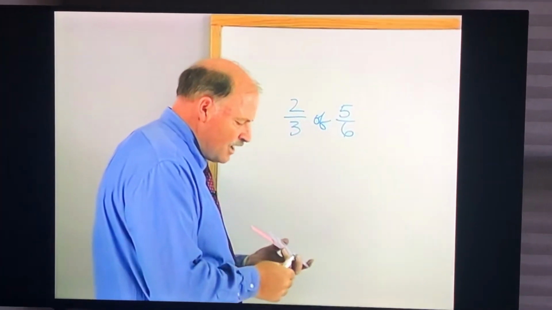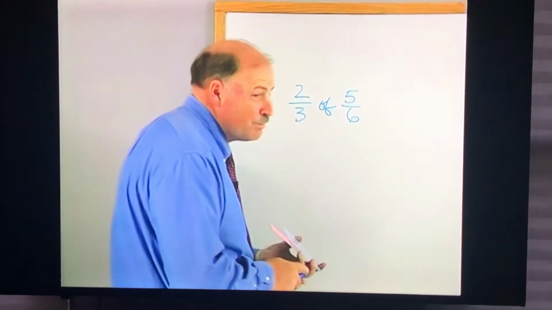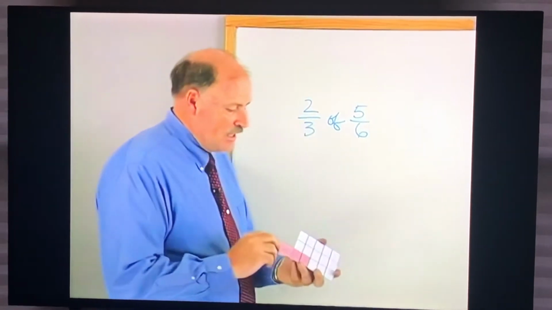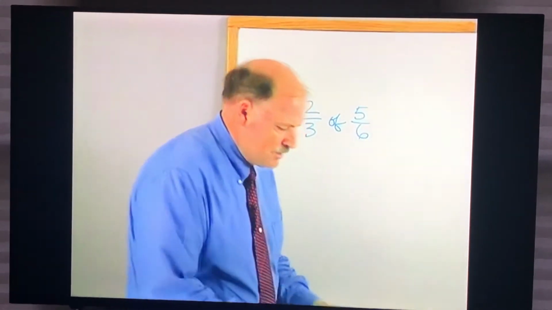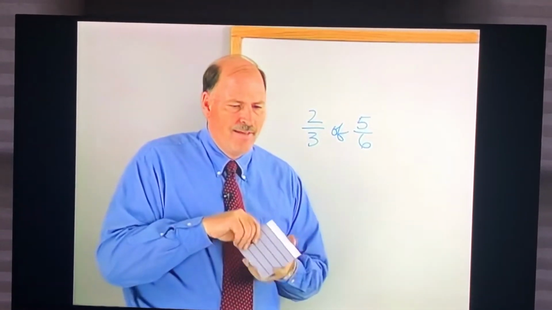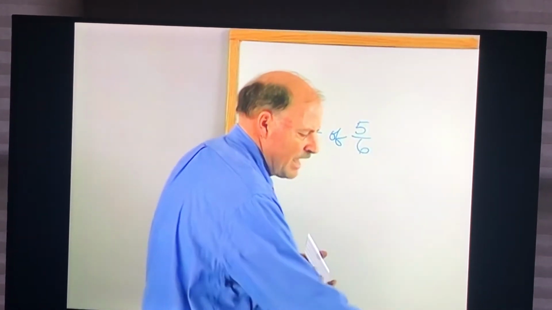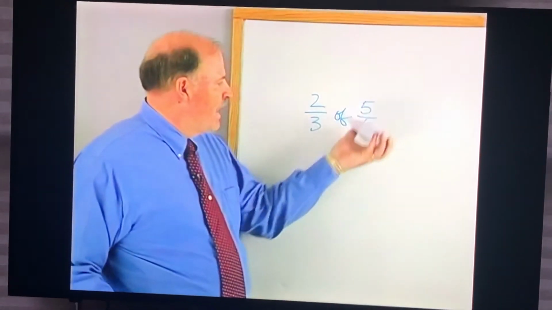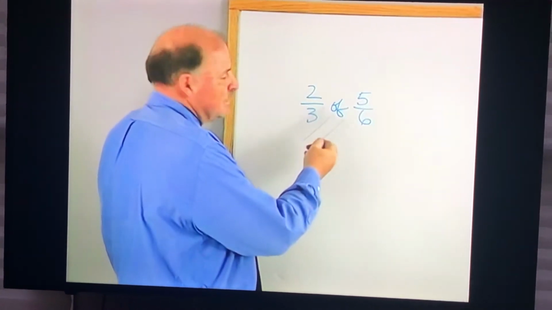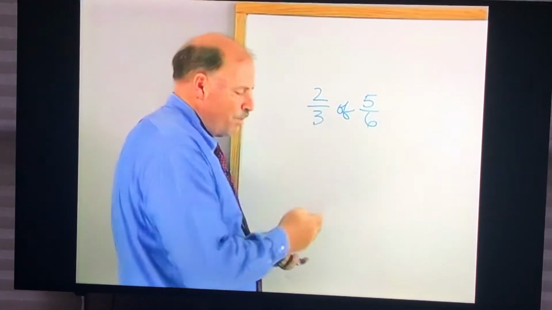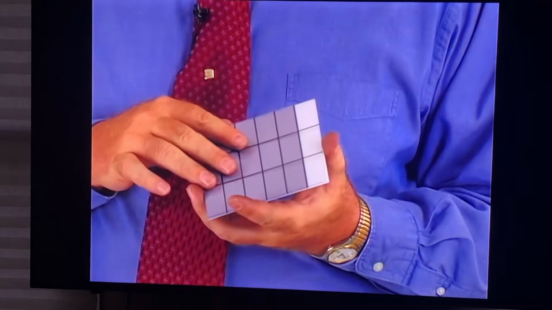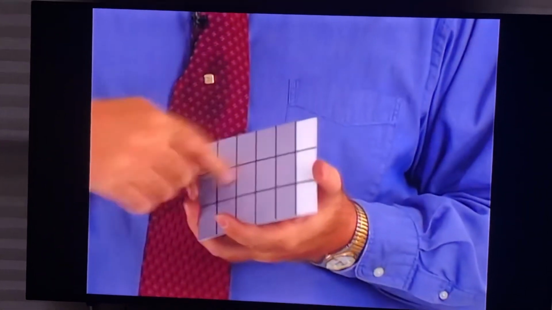And notice how your answer is probably going to be smaller than what you started off with, not larger. So I'm going to start with 5/6, but I want 2/3 of that. So I have to take the 5/6 and divide it into 3 equal parts. Okay, I've divided it into 3 equal parts.